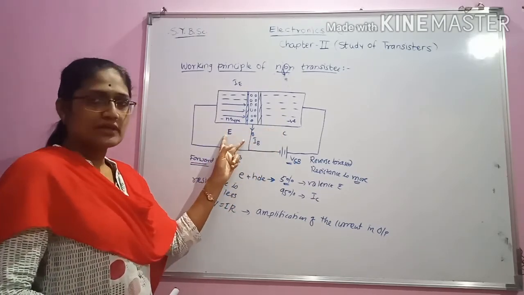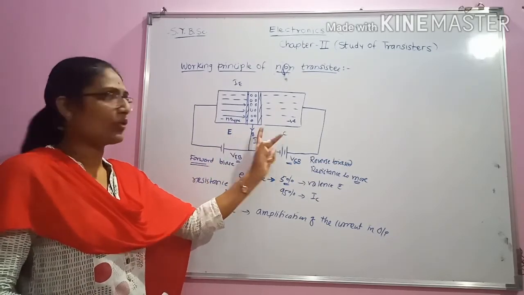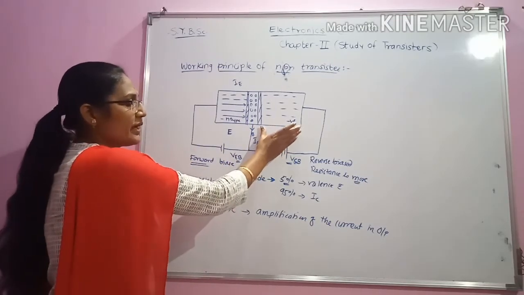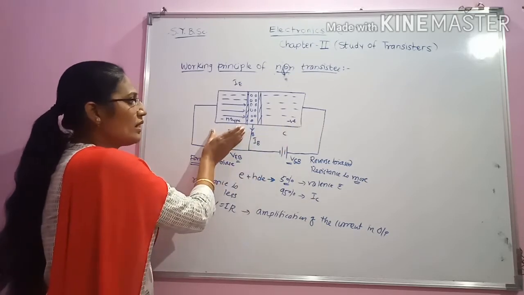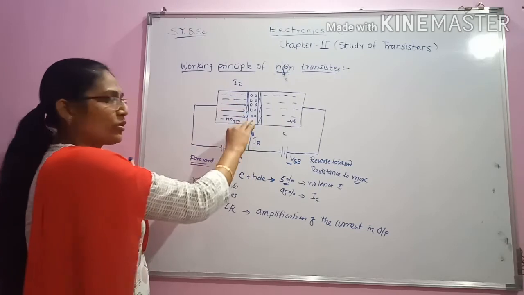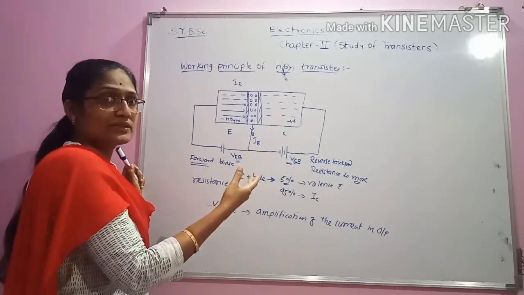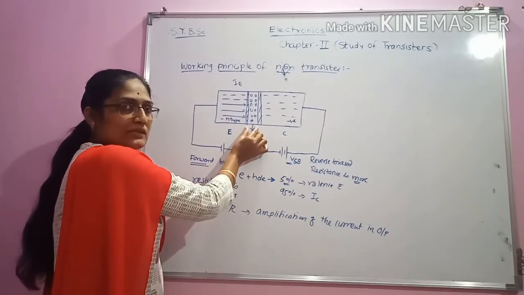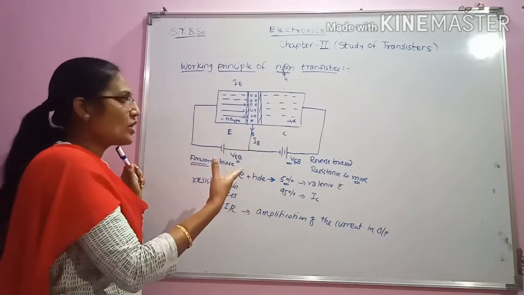In our previous lecture we have seen how emitter is formed, how collector is formed and how base is formed. The length of the collector region is purposefully made larger than that of emitter region in order to collect maximum number of electrons coming from the emitter to the collector section, and in order to dissipate the heat. The base region is the lighter portion of the transistor and it consists of minority charge carriers, that is holes.